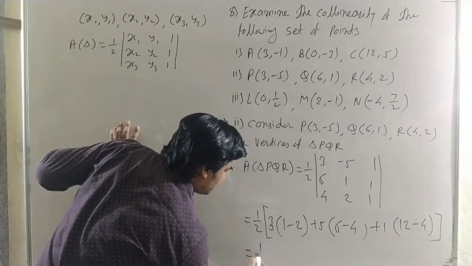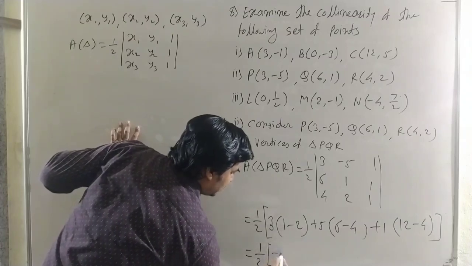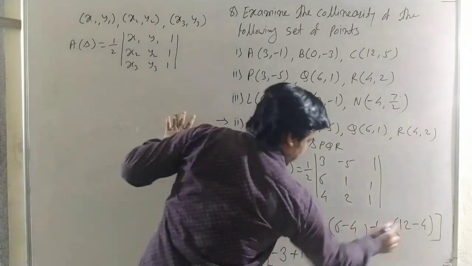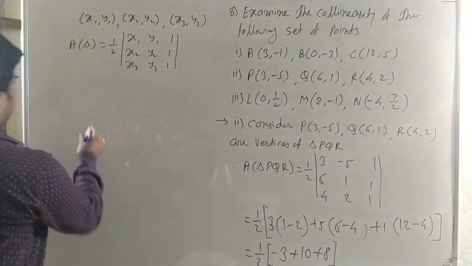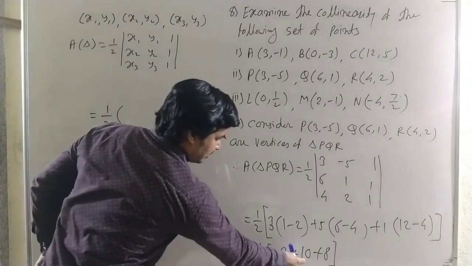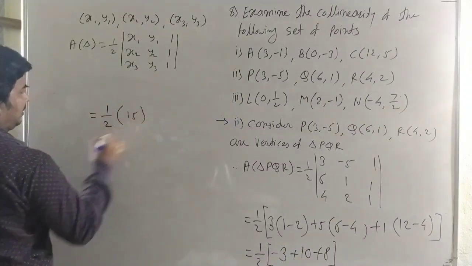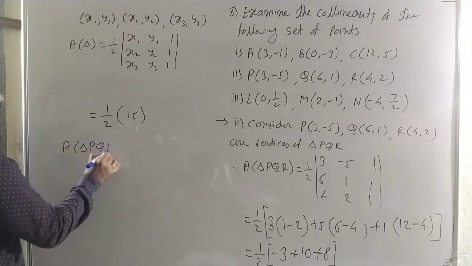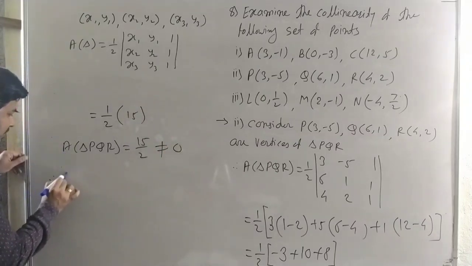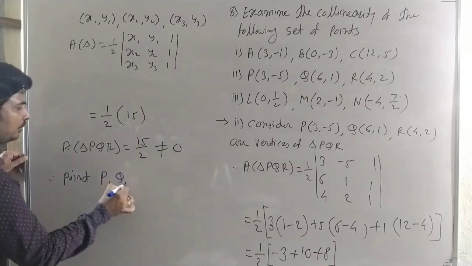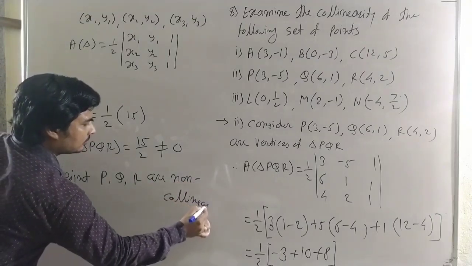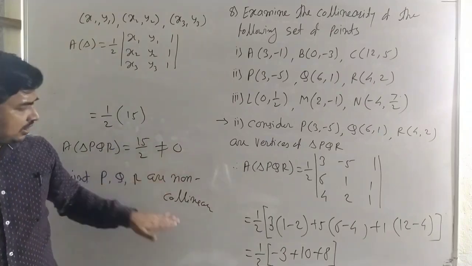Then calculate this: -3 into -1... it is -3 plus 10, which is 7, and 7 plus 8 is 15. Therefore the area of triangle PQR is equal to 15/2, which is not equal to 0, and therefore points P, Q and R are non-collinear, because the area of the triangle is not equal to 0.